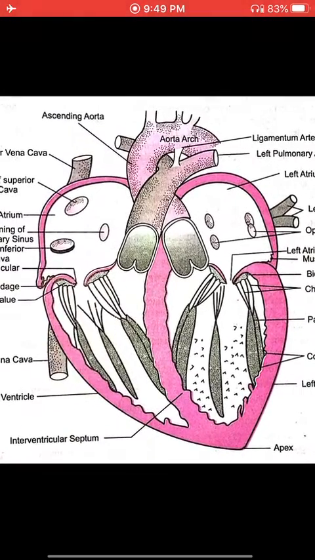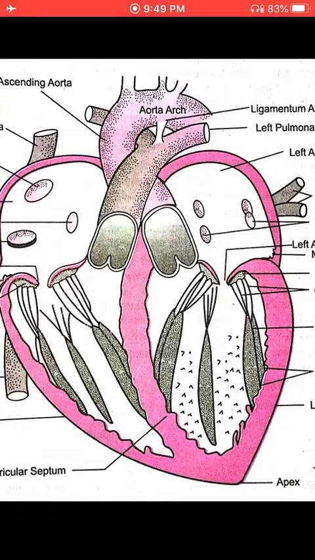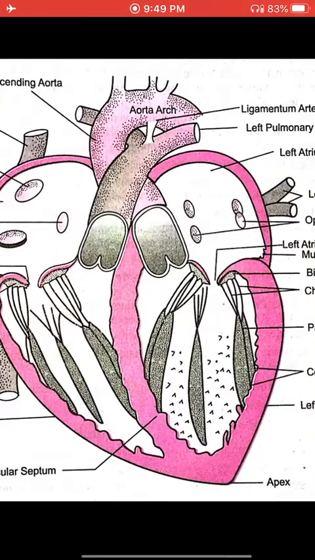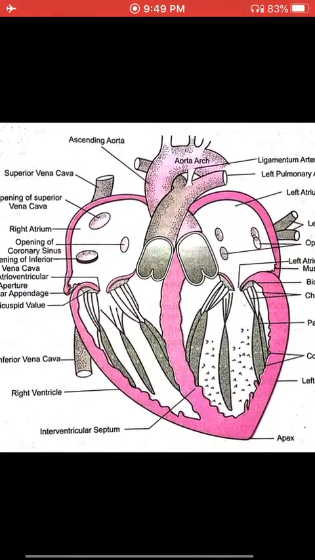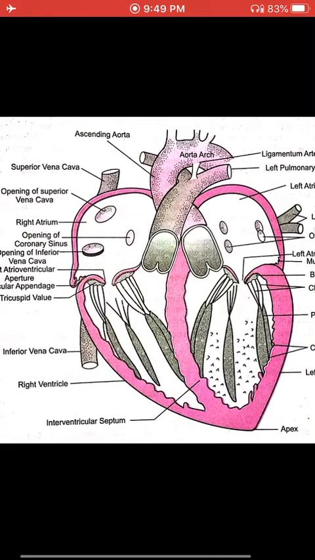Now in this, I would like to tell you that during the flow of blood, the blood passes through the heart twice. That's why it is considered a double circulation. First, the blood is collected with the help of the superior vena cava and inferior vena cava into the right atrium.